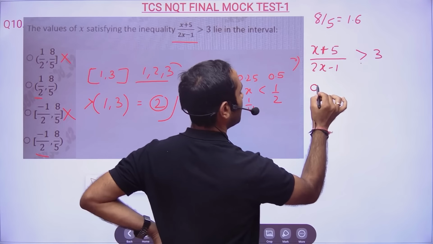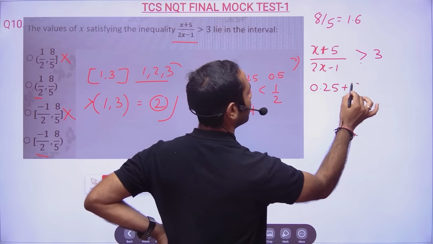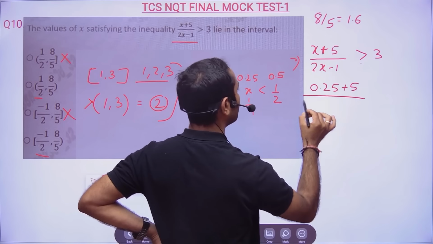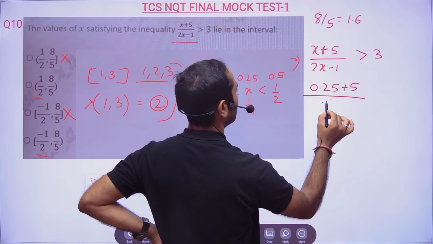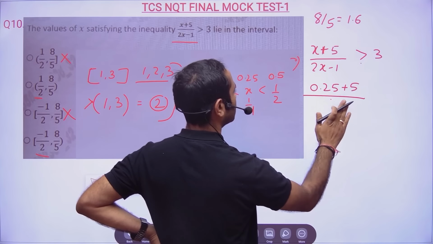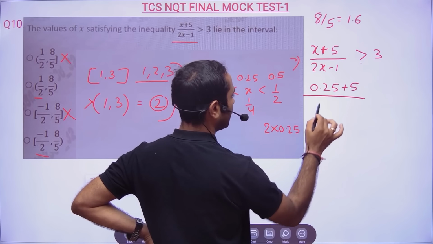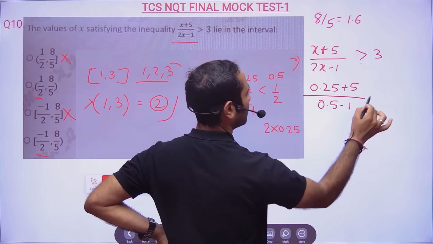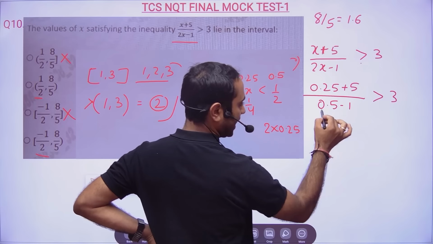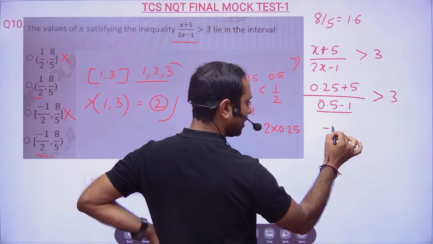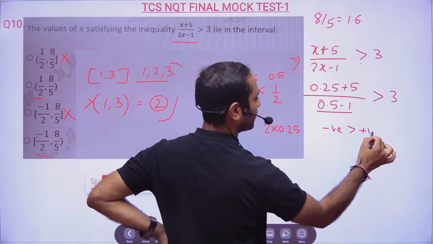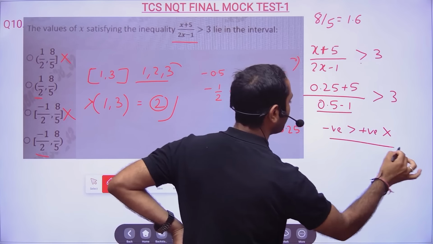Let us see. So 0.25 plus 5, and 2 into 0.25 is nothing but 0.5, minus 1. So basically you are getting a negative value. Negative cannot be greater than positive.